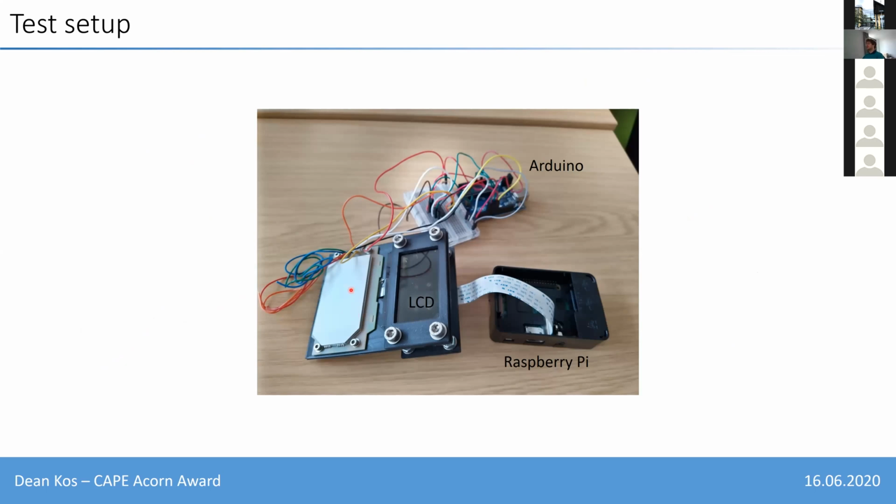It is controlled by an Arduino, which is interfaced to the Raspberry Pi. The Raspberry Pi essentially controls the camera. In a typical image acquisition procedure, I take an image with the camera with the LCD turned completely off, so it's completely transparent. I acquire the image and I look at the regions which are very, very bright.